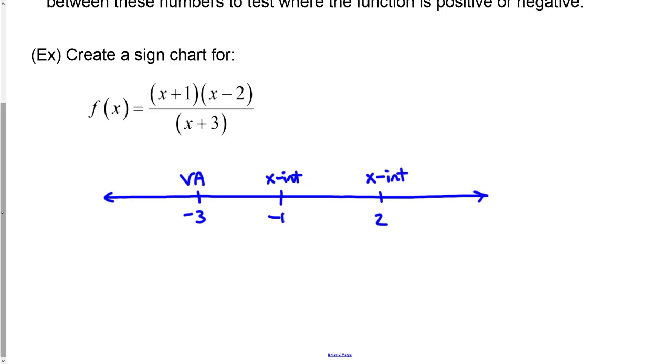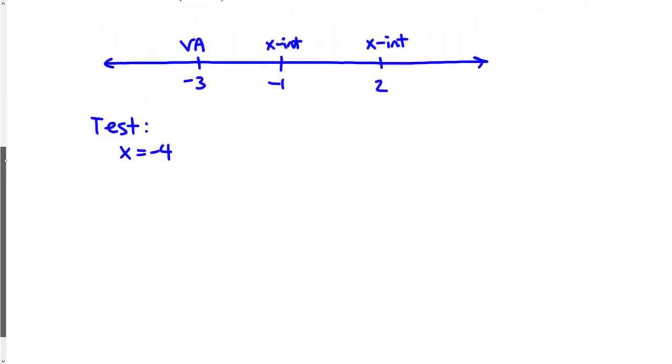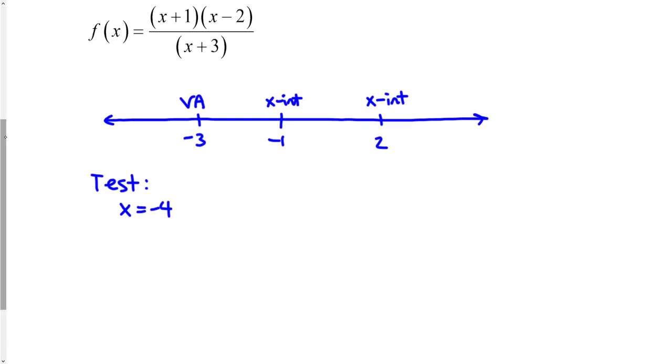So for instance, in the first interval, let's say I choose -4. And I use that as a test value. Well, let's see what happens. So if I put -4 into my function, -4 plus 1 would be -3. -4 minus 2 would be -6.